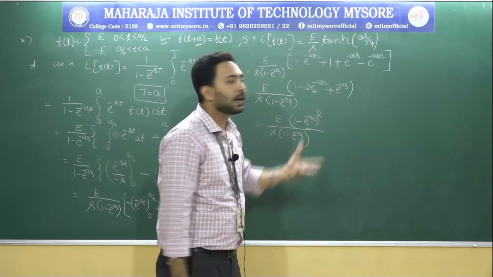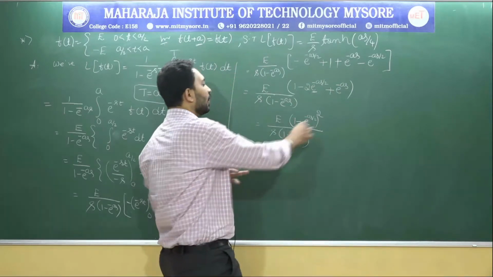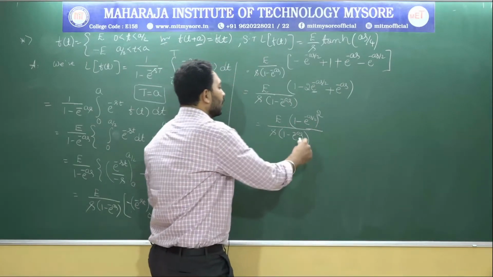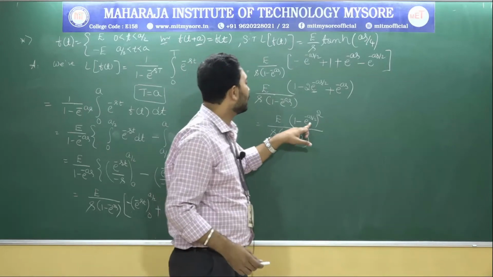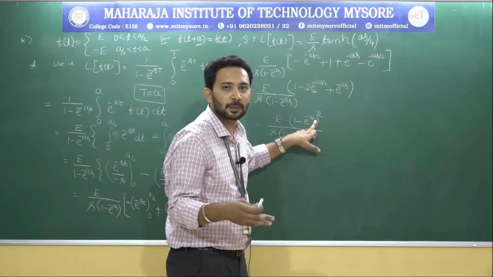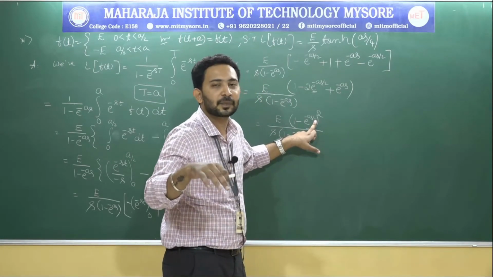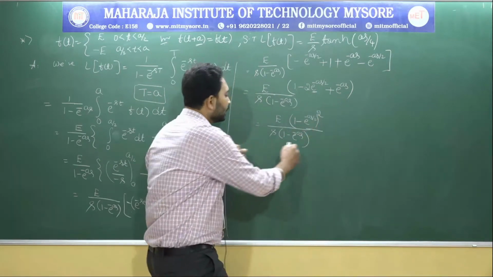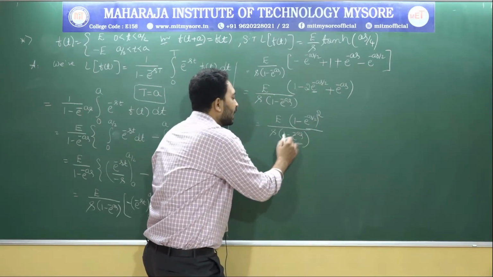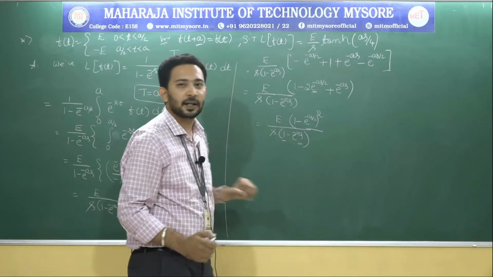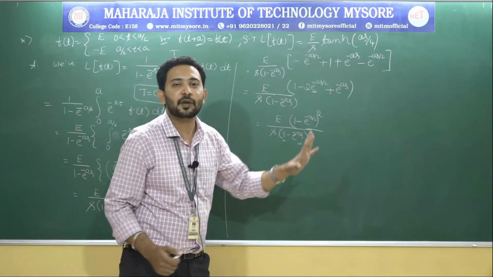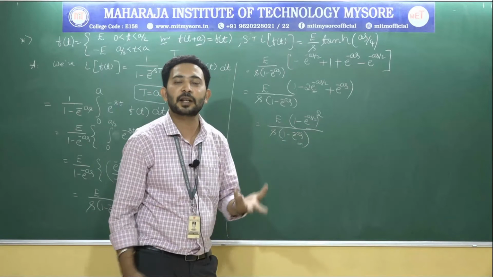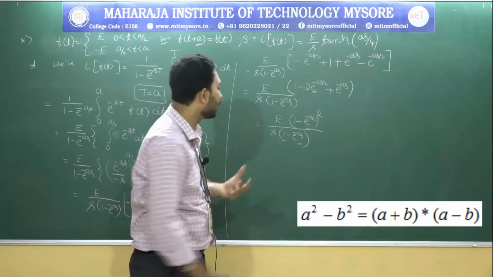It is e power minus as. So it is in the form of a minus b whole square. If b is e power minus as by 2, then b square is e power minus as. See here, b square e power minus as, it is nothing but a square, it is 1. It is in the form of a square minus b square. What is a square minus b square? It is a plus b into a minus b.